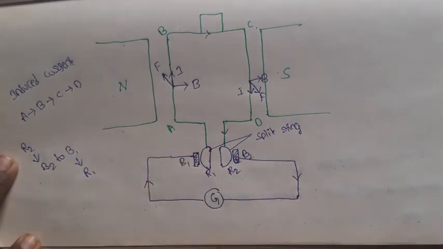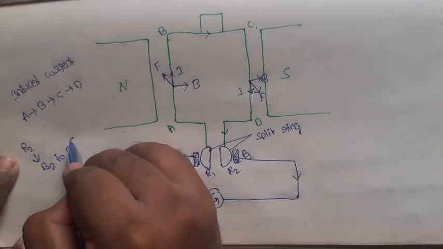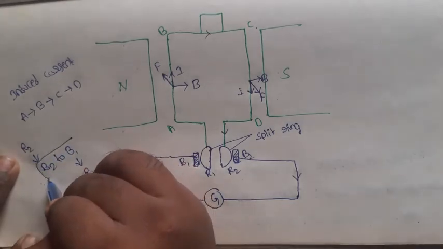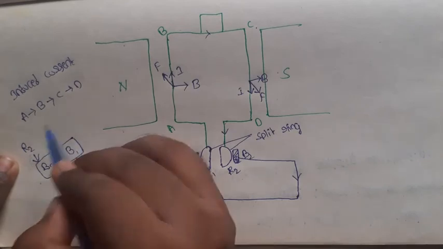This is the direction of the induced current in the coil. So here the direction of the current is B2 to B1.